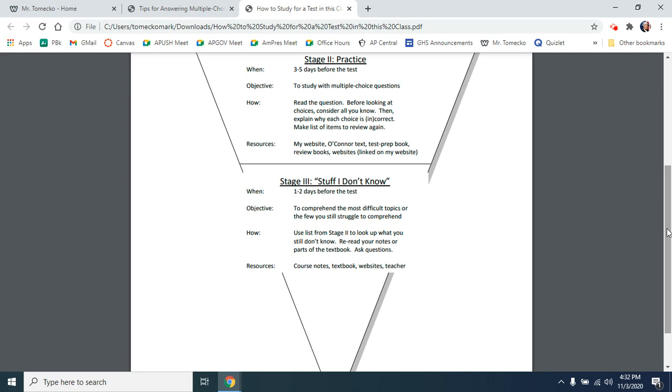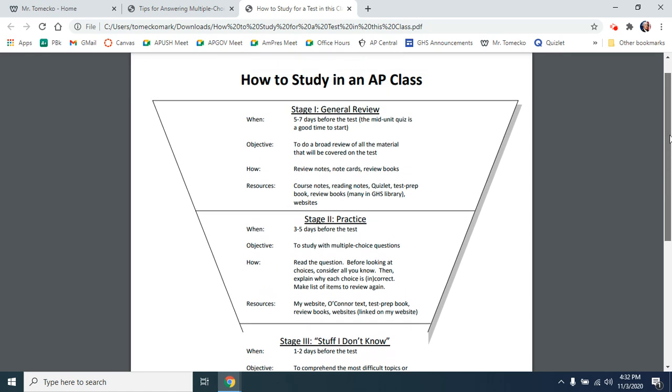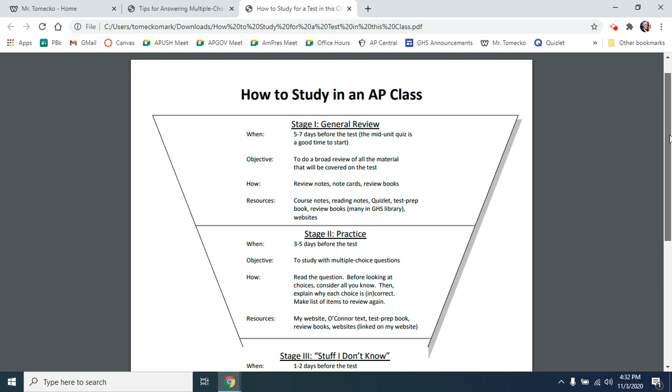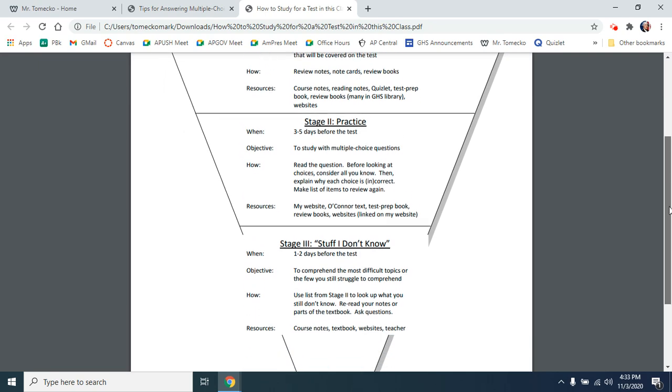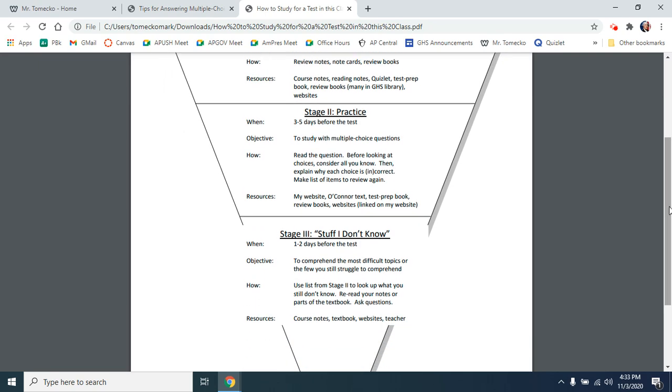You'll notice, I know you're not seeing this full screen, but you'll notice that this handout is an inverted triangle. And that's to suggest that in stage one, general review, you are really reviewing everything in the unit, quite a bit of material. Stage two practice, you're probably encountering questions on some of the material, some of the most important stuff.